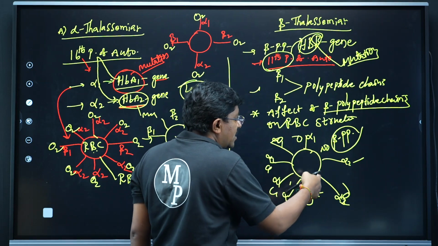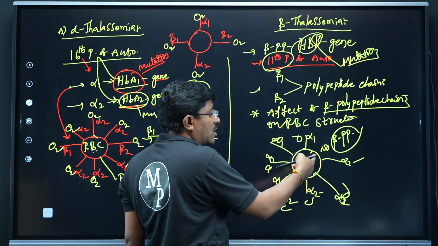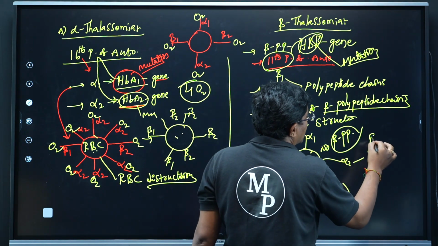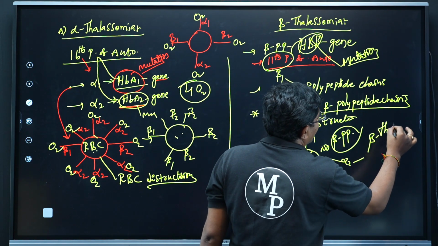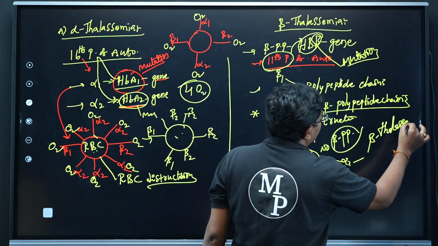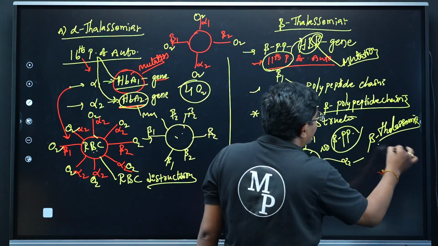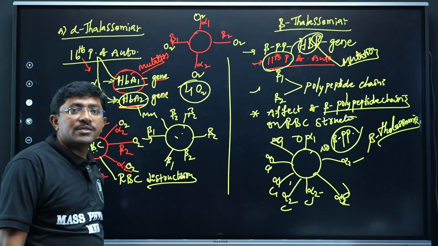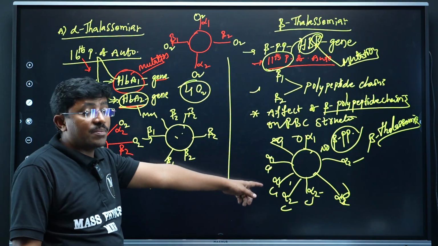Then the absence of beta polypeptide chains on these RBC, that is called beta thalassemia. It is the beta thalassemia.